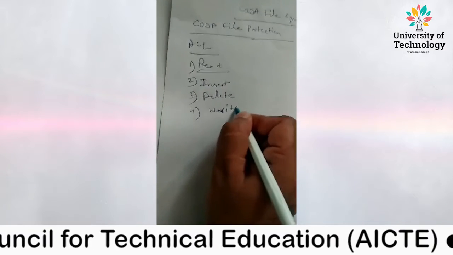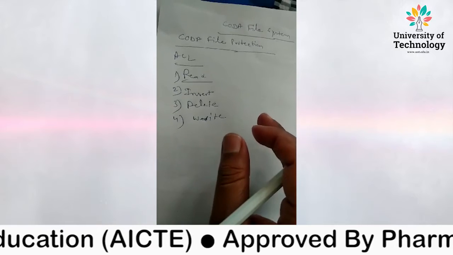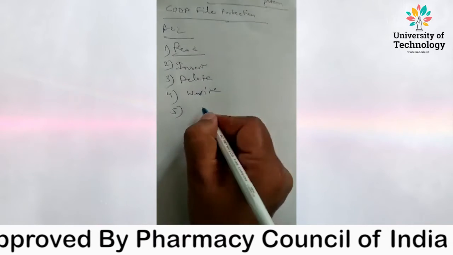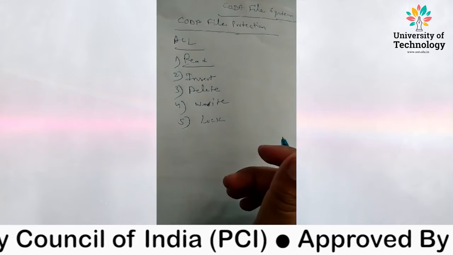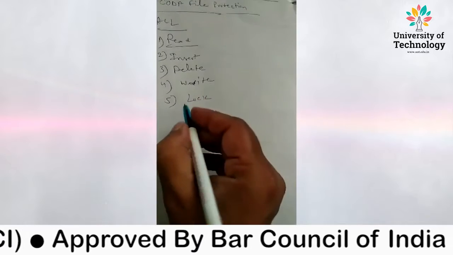Write allows the user to overwrite existing files in the directory. Lock: the lock right is obsolete and only maintained for historical reasons.